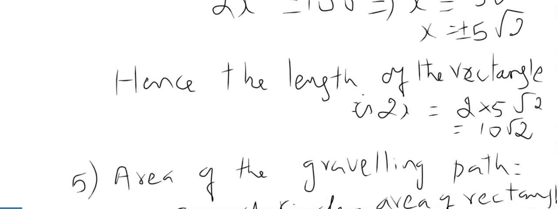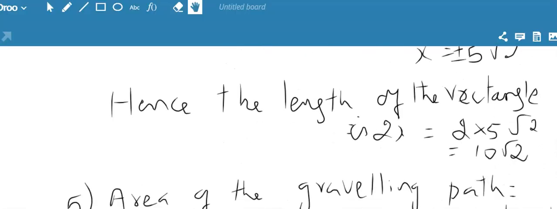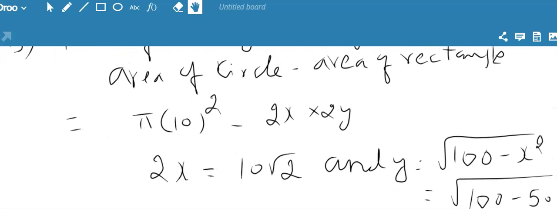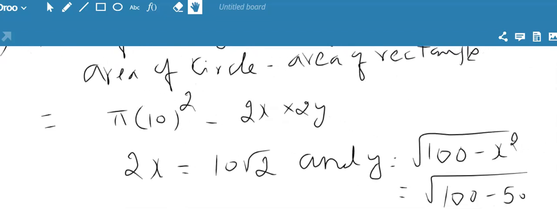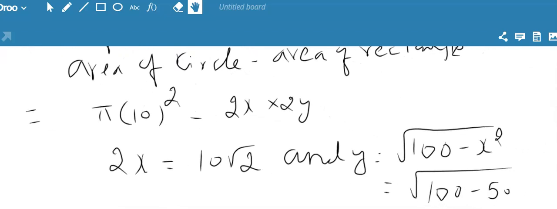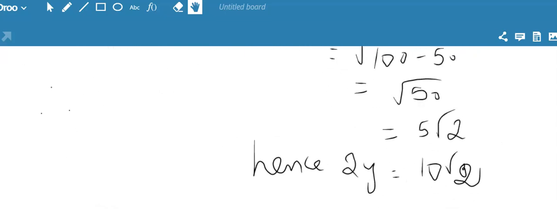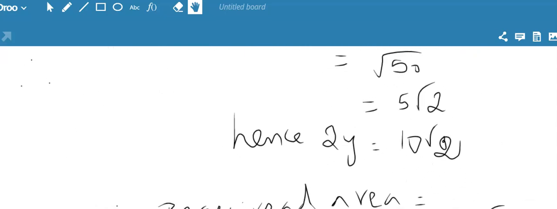So area of the graveling path is given by area of the circle minus area of the rectangle. So pi r squared, that is pi into 10 squared, minus area of the rectangle, which is 2x into 2y. Now we know 2x is 10 root 2 and y is root of 100 minus x squared, which is root of 100 minus 50, which is root 50. So y is also equal to 5 root 2. Therefore 2y is equal to 10 root 2.